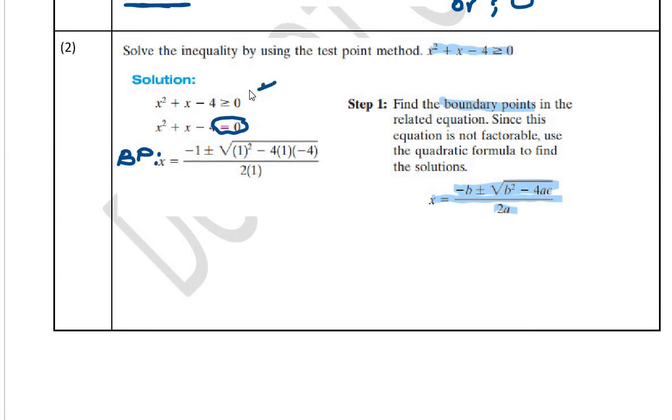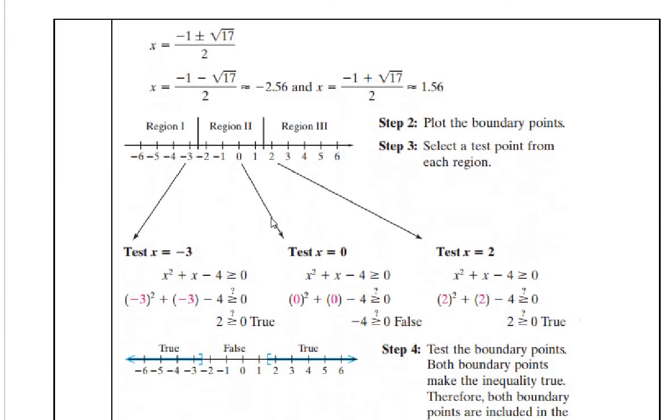You cannot do any of this with the inequality. You must first go to the boundary points. We work it out. Even if it gives us decimal values, that doesn't matter. We must just find where it is on the number line. So again here, we will have our 1.56 roundabout here, and we will have our minus 2.56 roundabout there. And then it was separated into 3 different regions here.